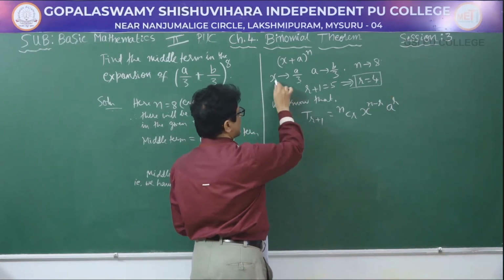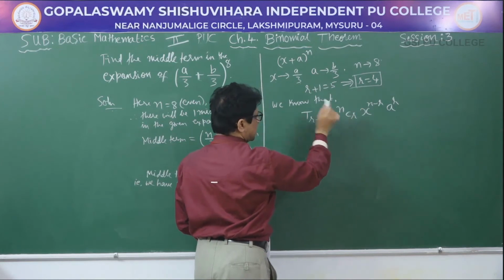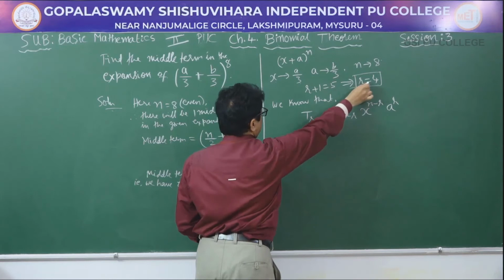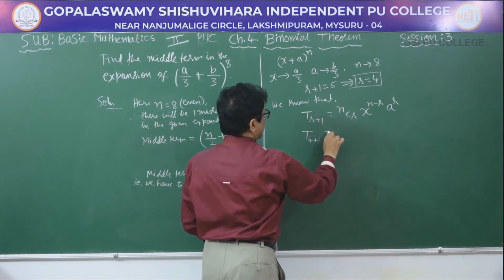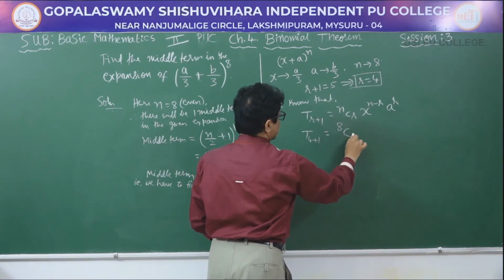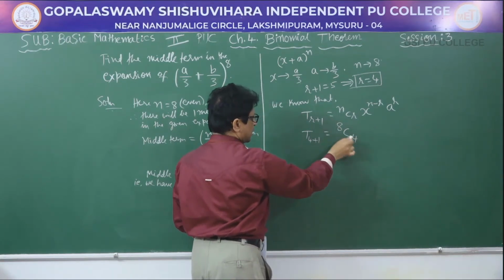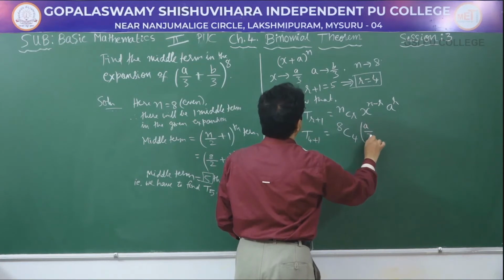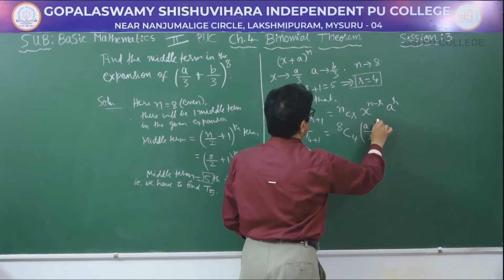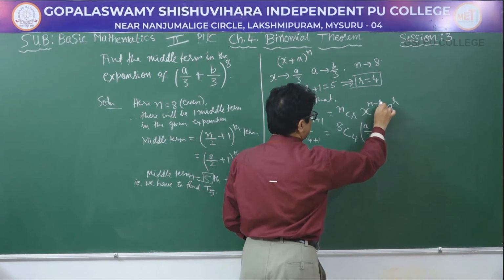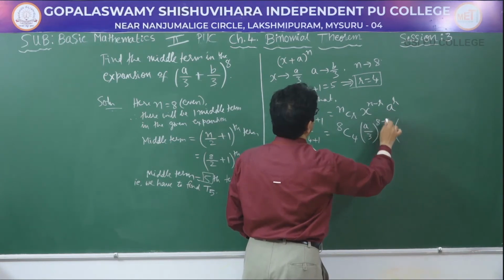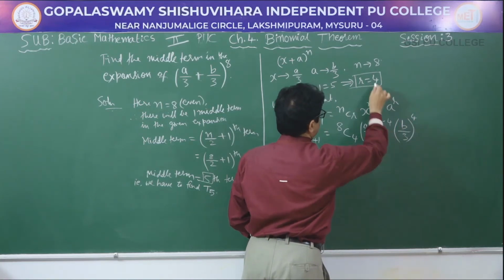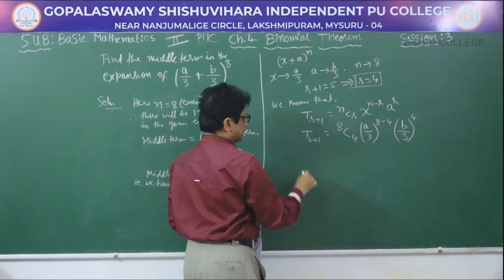So, substituting the values of x, a, n and r in the general expansion, we get T(4+1) is equal to n is 8C, r is 4, that is 8C4 into x, x is a/3, to the power n minus r, 8 minus 4, into a is b/3 whole power 4, because r is 4.